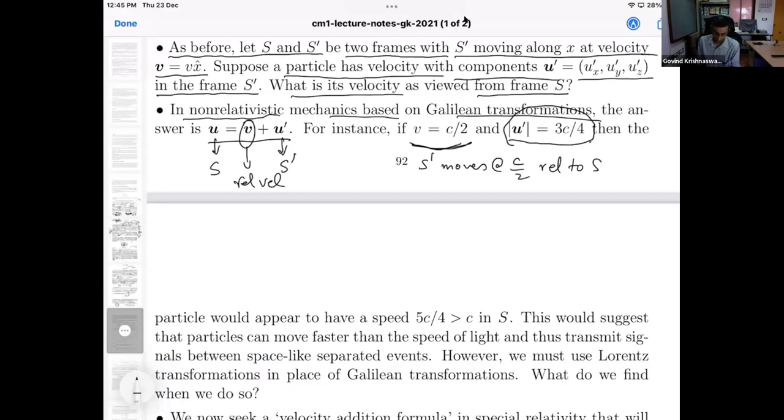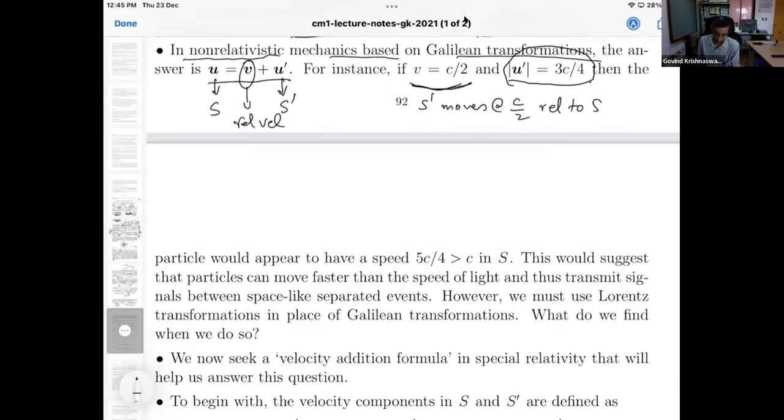Then, according to the Galilean velocity addition rule, the particle would appear to have a speed which is the sum of the two, 2c upon 4 plus 3c upon 4, which would be 5c upon 4. So it would appear to have a speed 5c upon 4 according to the observer in S.